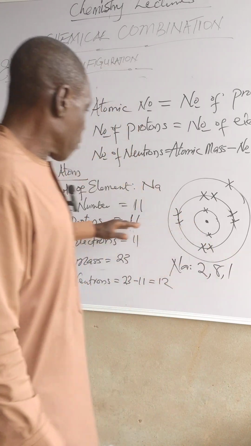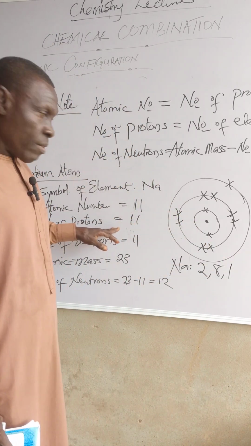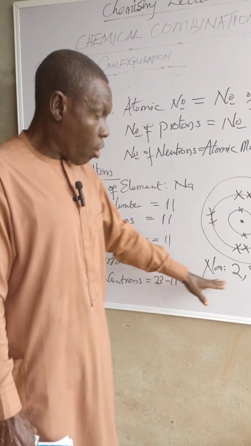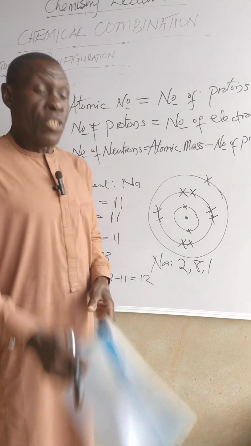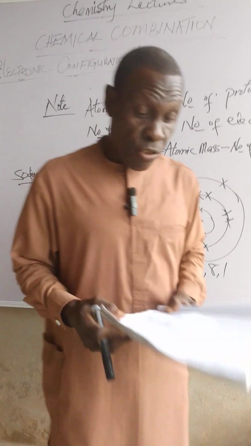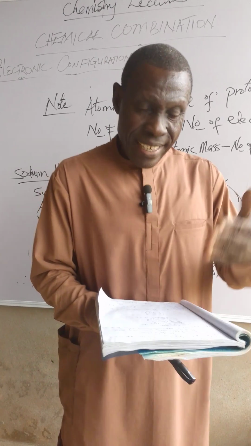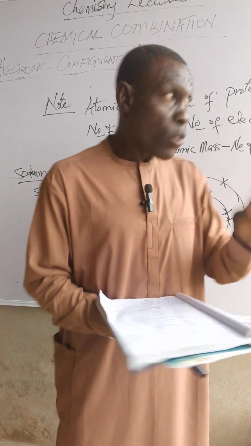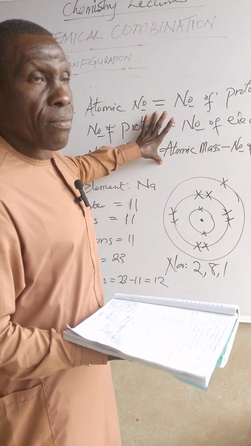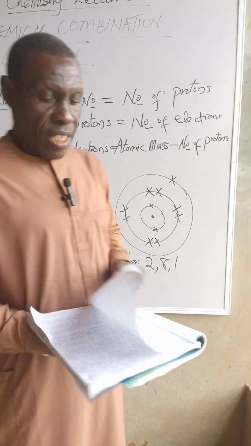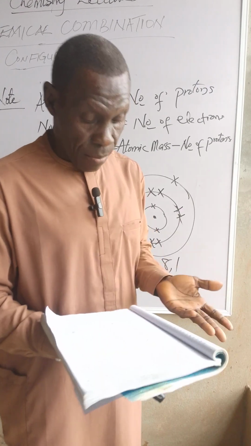So this is an example of how you can construct the atomic structure of elements. Now this is for sodium. You can do so for calcium, you can do so for potassium, but the most important thing is that these 4 parameters must be known with this information. Once you are done with this, it means you can construct the atomic structure of elements.